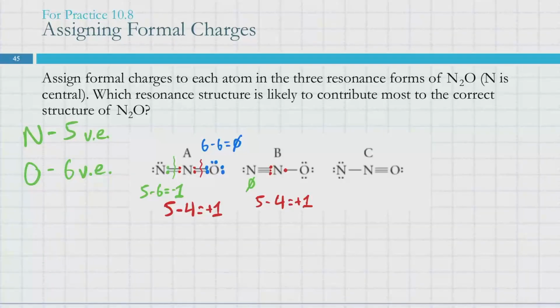And then our oxygen wants to have 6, and it has 6 from lone pairs, and then 1 more from that bond, making it a total of 7. So it's got a -1 for its formal charge.